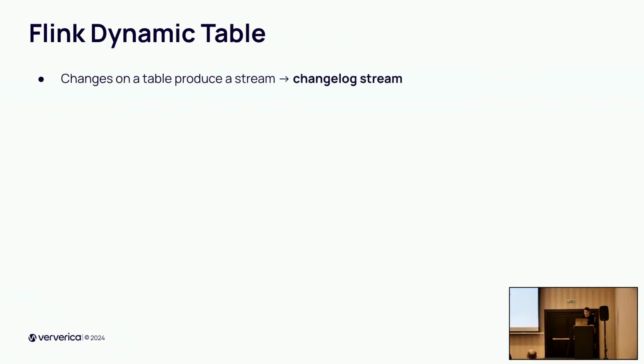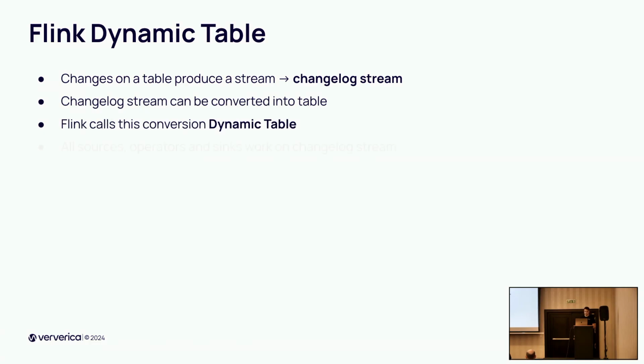So in Apache Flink, all the changes observed on a table produce a stream, and that stream is called a changelog stream. And you can convert this changelog stream into a table, and in Apache Flink, we call this a dynamic table.